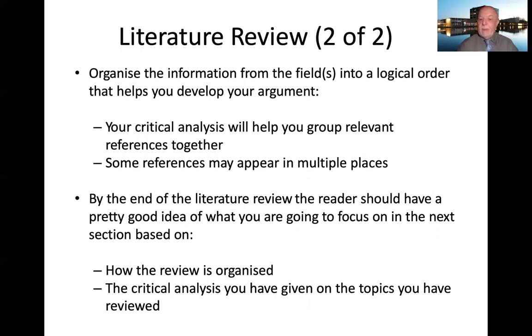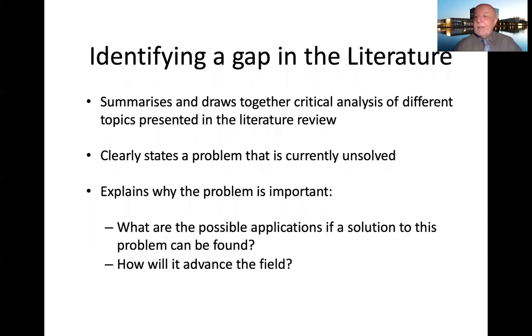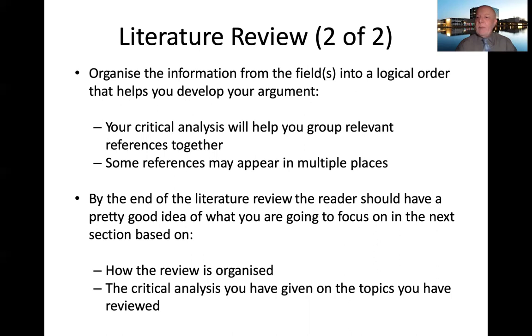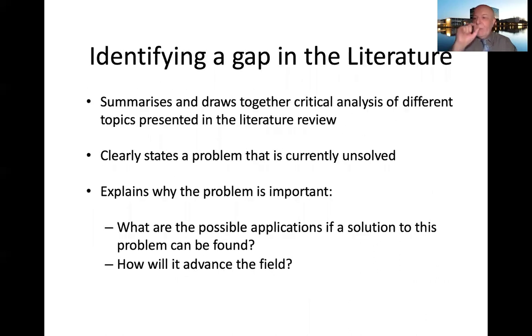So how the review is organized, the critical analysis, gives us a clue of what topics you're moving on into the next section, where the next section is identifying the gaps in the literature. During your literature review, it should be clear when you've written about papers where you think there are gaps, where you think that people haven't covered those areas.